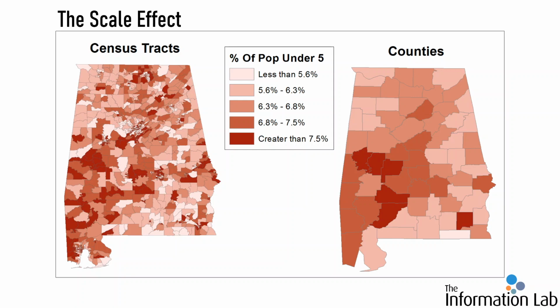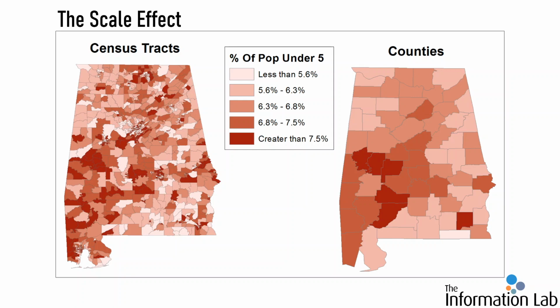In order to simplify the view and allow a user to compare values in space, we've aggregated that data to areas. Census tracts on the left and counties on the right, counties being the larger area. Now, aggregation or grouping into larger areas involves more pronounced averaging, and that acts to smooth out the underlying data points.